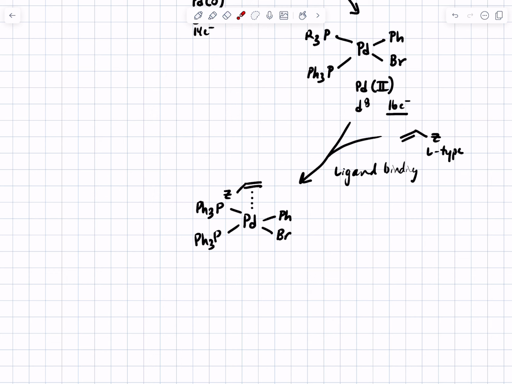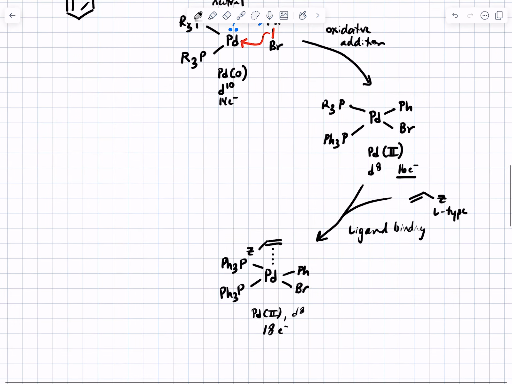So now palladium is still in its +2 oxidation state. It's still got 8 d electrons, but now it's an 18 electron complex, and there we can't bind anything else. We are what's called coordinatively saturated.